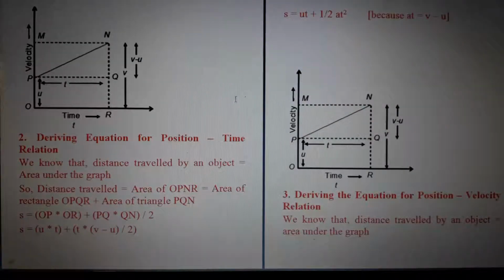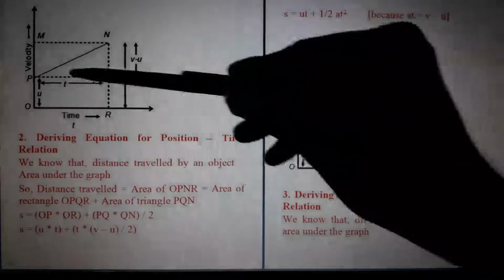So here what we have? Here we have two types of area. We have one rectangle here.